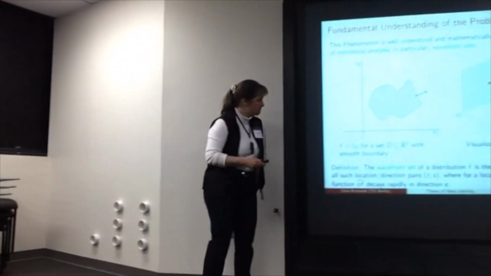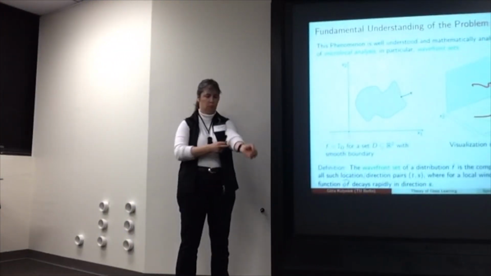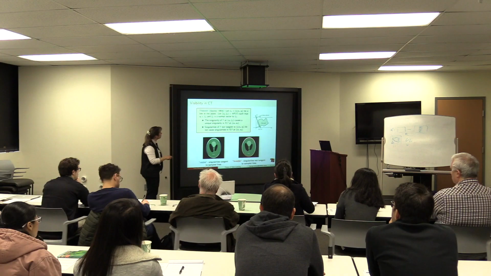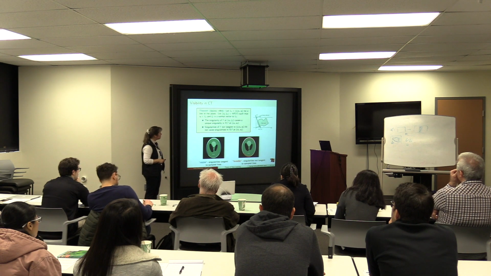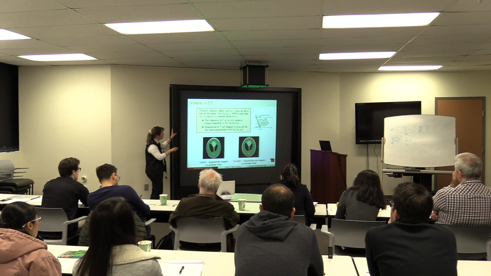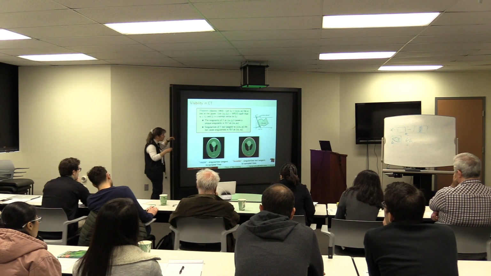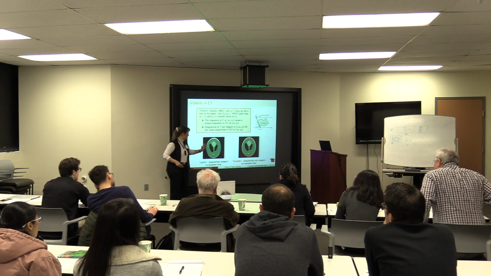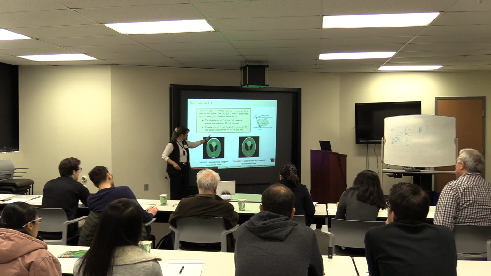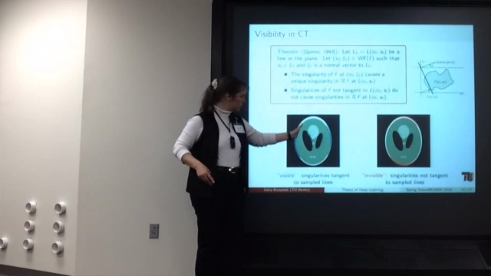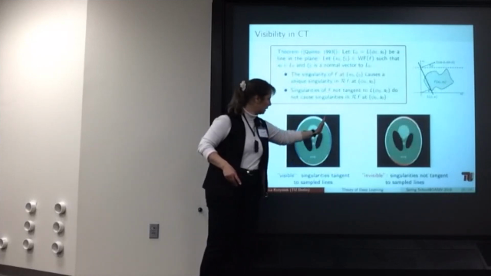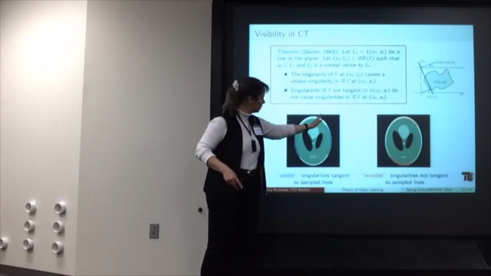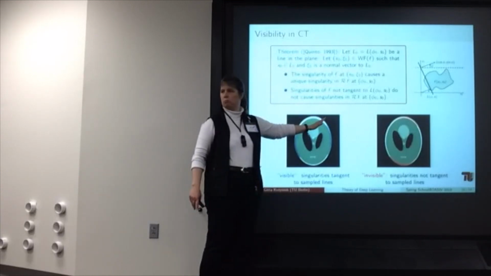Good. So now in these terms, singularity points together with the direction, you can phrase what you already know. So this is a result by Quinto from 1993, which basically says that certain points on the singularity can be detected if you compute the Radon transform. And maybe let's just take a look at this image, because then I think it becomes clear what it says. So now if you acquire the data, let's say in this direction, and maybe a bit sweeping. Now, if you acquire it in this direction, certainly these singularities you cannot detect.